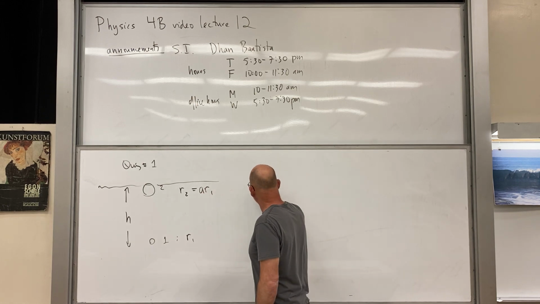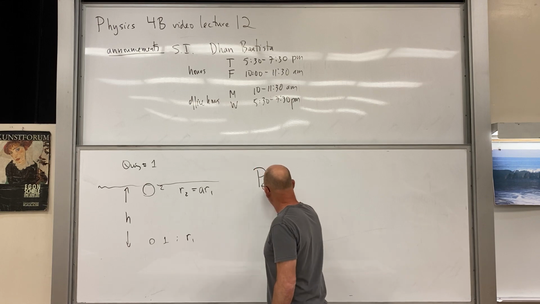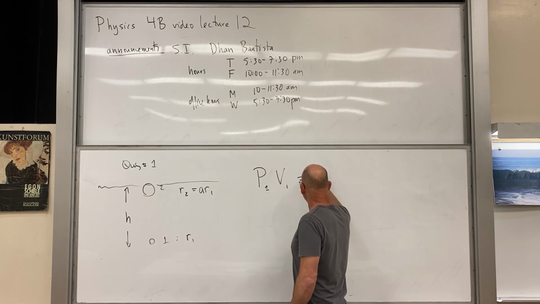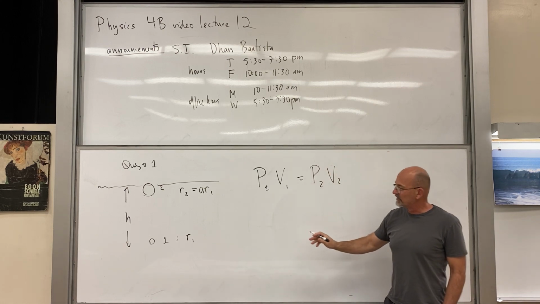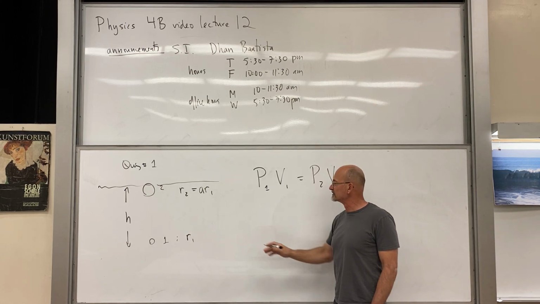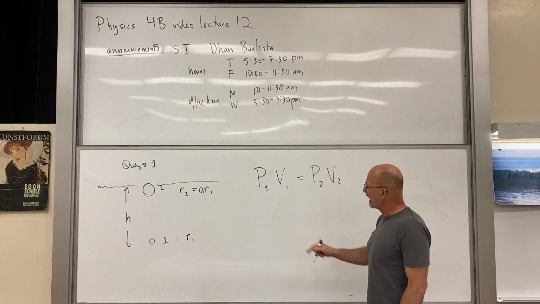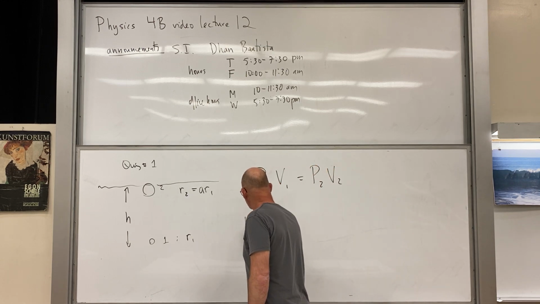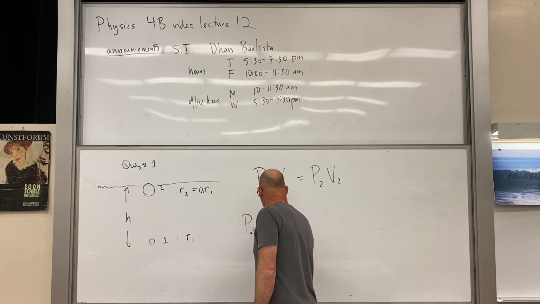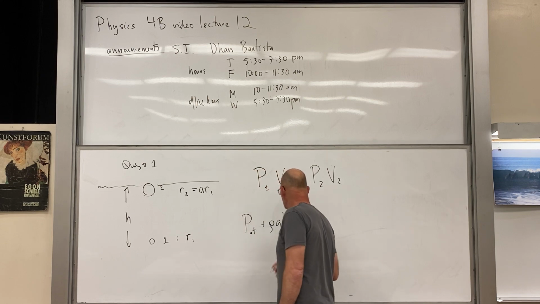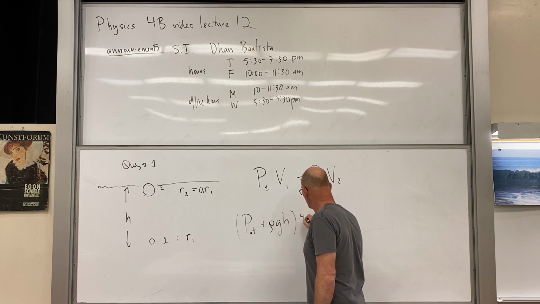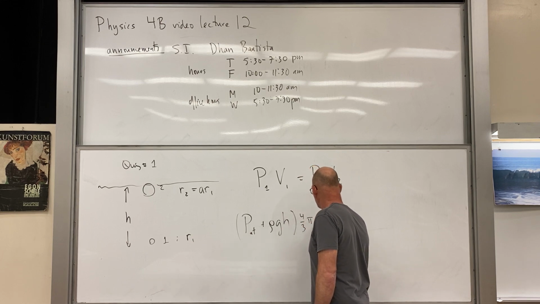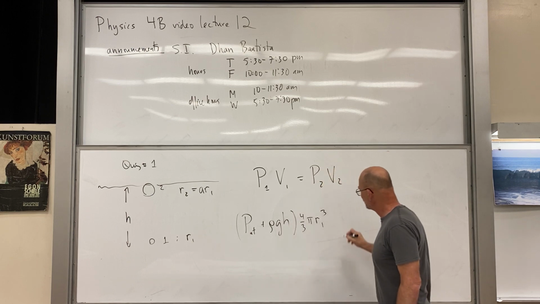So what do we have? We have P1 V1 equals P2 V2 because the temperature had been stated as being uniform. P1 would be the atmospheric pressure plus rho g h, and the volume V1 would have been 4/3 pi R1 cubed.